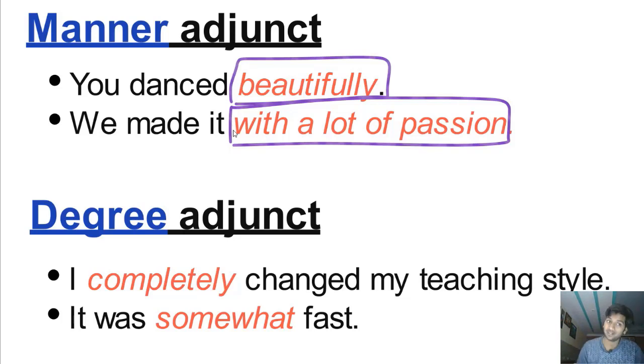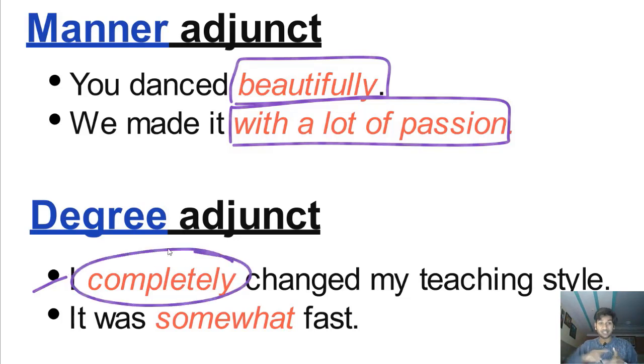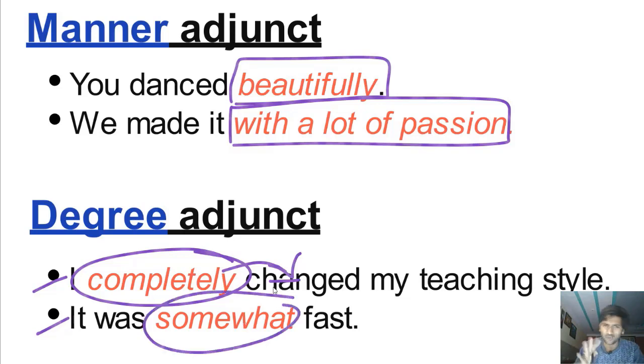Degree adjunct. A degree adjunct is basically an adverb of degree that talks about to what degree something is true, right? Example number one. I completely changed my teaching style. I changed my teaching style. I completely did that. So it's intensifying the meaning of the verb changed, right? I completely changed. Second example. It was somewhat fast. It was fast. It was somewhat fast.